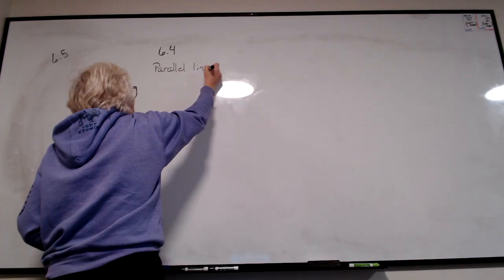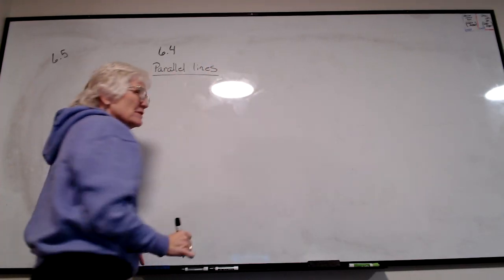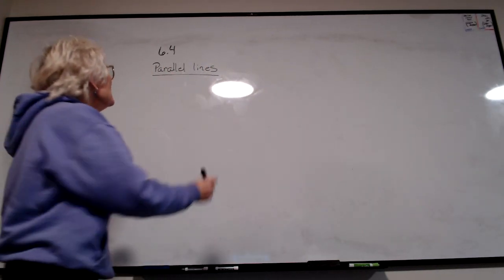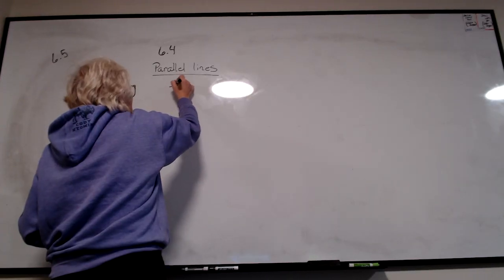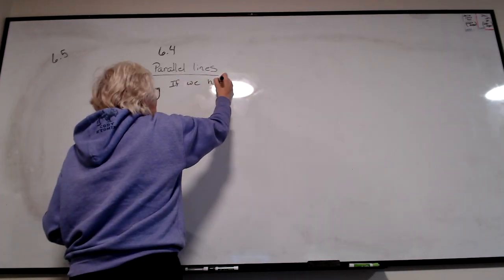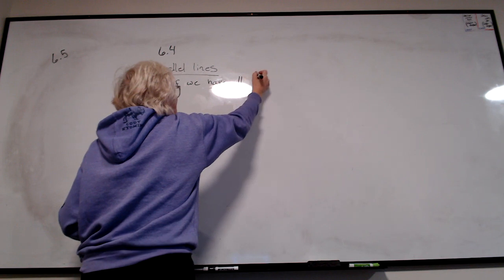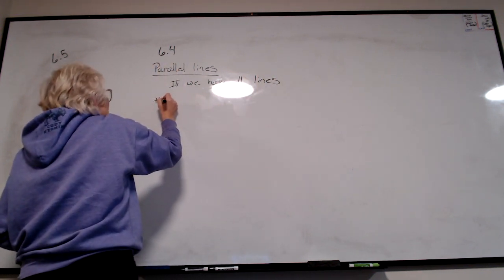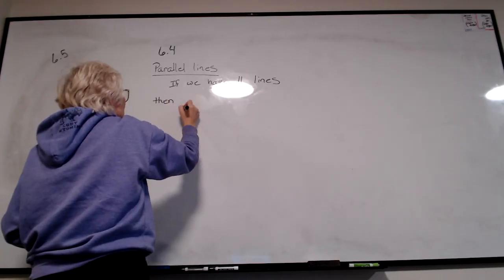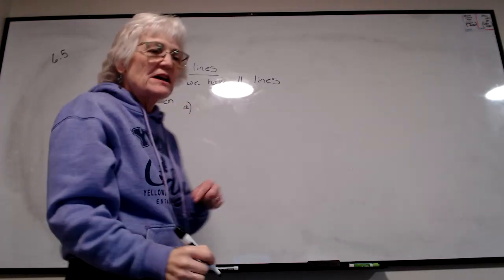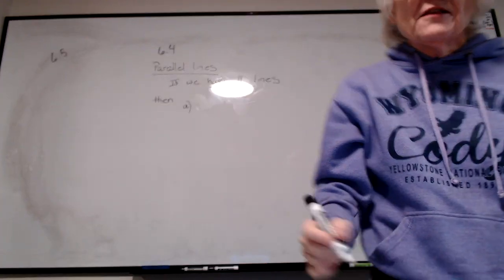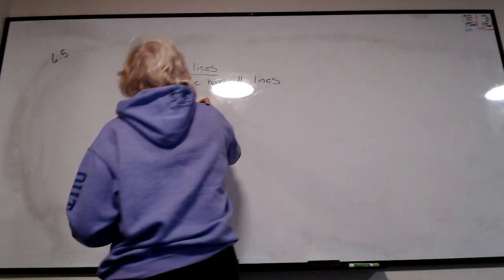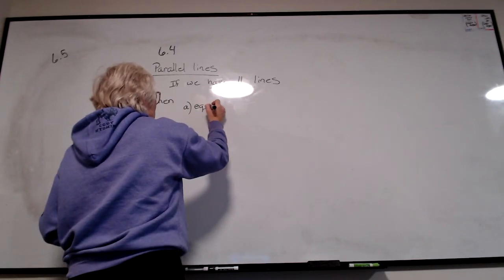If we have parallel lines, then there are all these things that are true. A, if the lines are parallel, then they have equal corresponding angles.